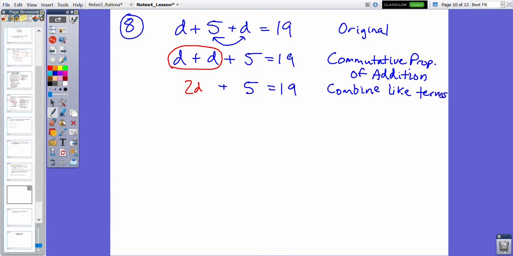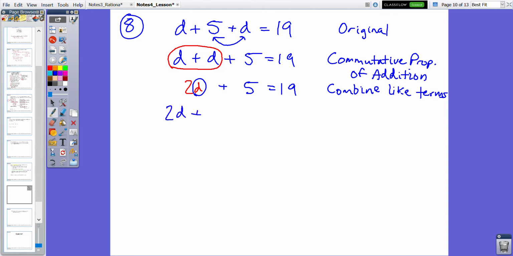And now we can start using our properties of equality to help us solve this equation. Okay? So in order for us to figure out what this missing variable is here, this D value, we need to get rid of all of our plus and minus signs here. So in order to do that, I'm going to try to get rid of my 5 here.